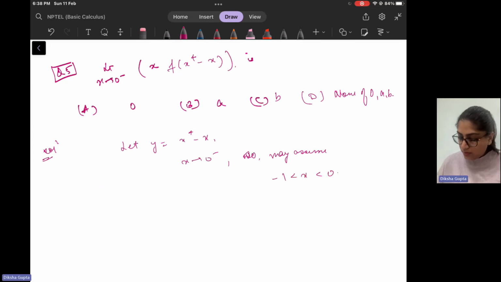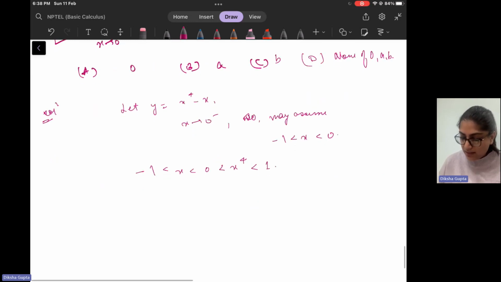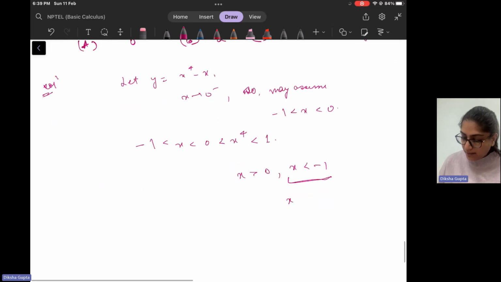Now you can see that if x is less than 0, then x^4 is positive, but x^4 will be less than 1. Why is that? Because x is between minus 1 and 0.